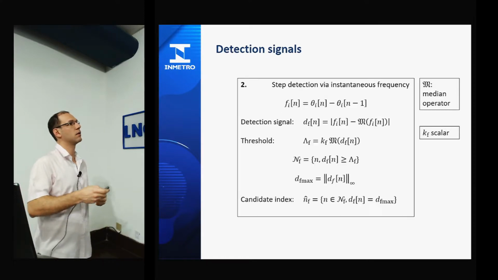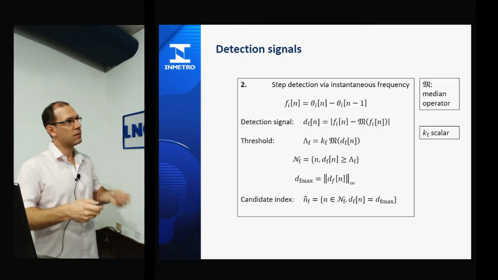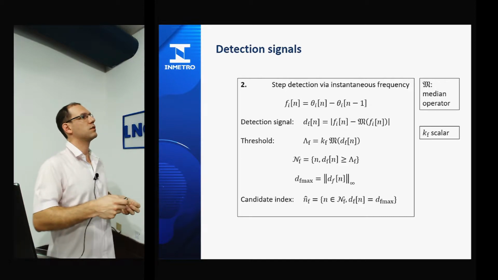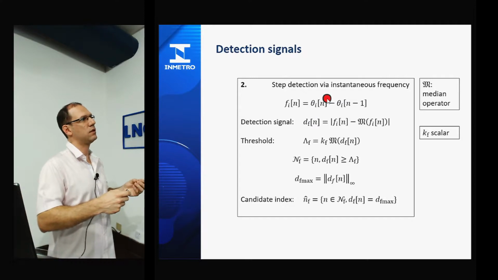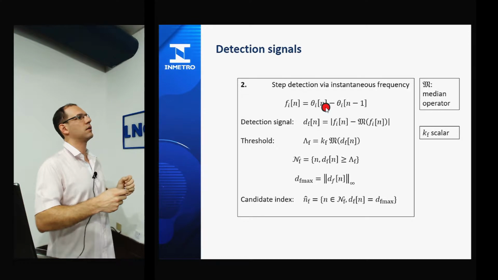Likewise, for the step detection via instantaneous frequency, we use the first order differences of the theta signal, the instantaneous phase signal, which happens to be an estimate of the instantaneous frequency.